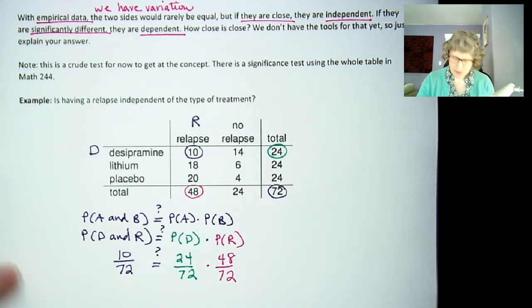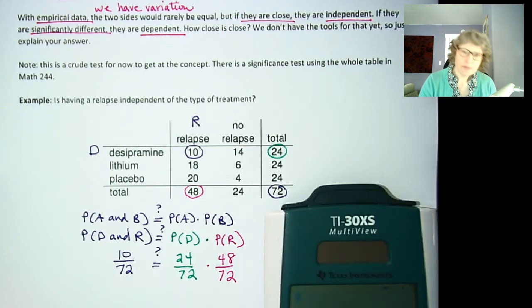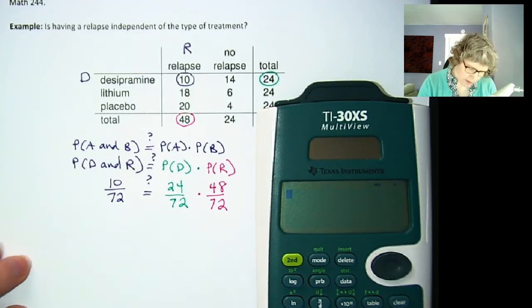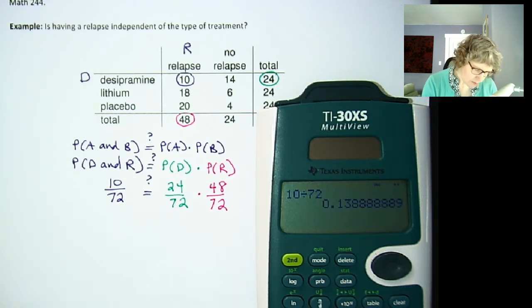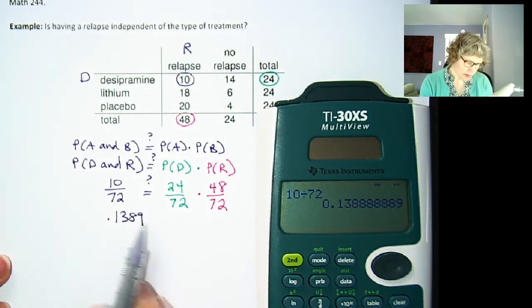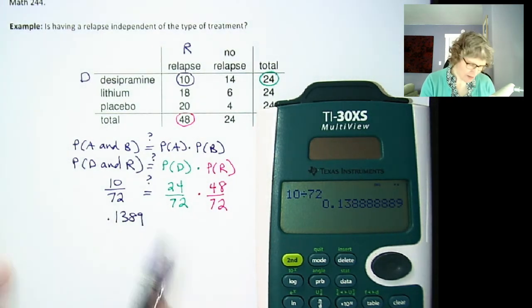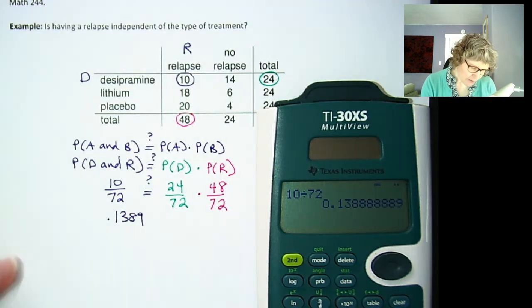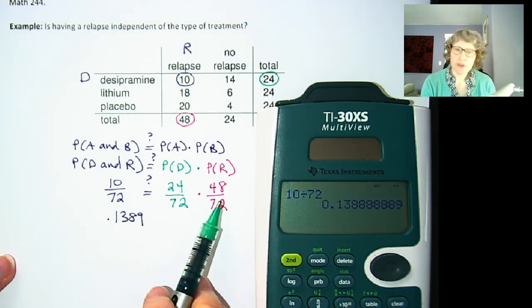Okay, so let's plug in our numbers. Let me clear my calculator. So 10 out of 72 is 0.1389. Okay, I'm going to leave this blank because I don't know what's going to happen yet. And for this side, there are several ways you could do it.